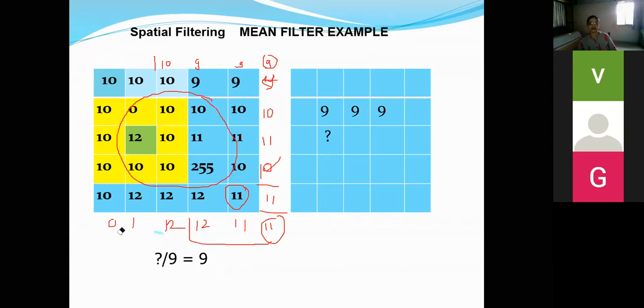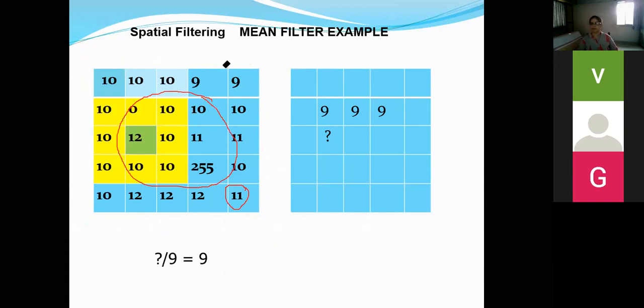If it is clear to you, please type yes in the chat box. If not clear, please type your doubt. Okay, so I have received a few yes answers. So I hope it is clear to you all, and we can proceed to the next part of the numerical.